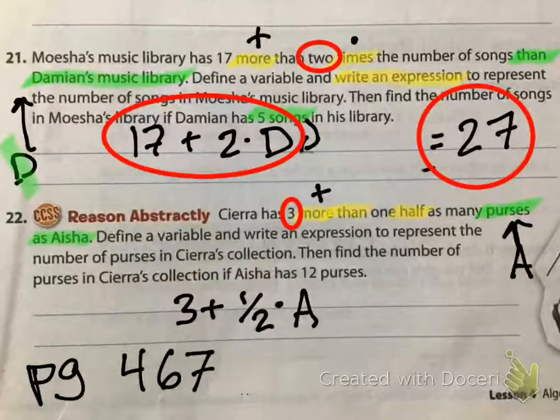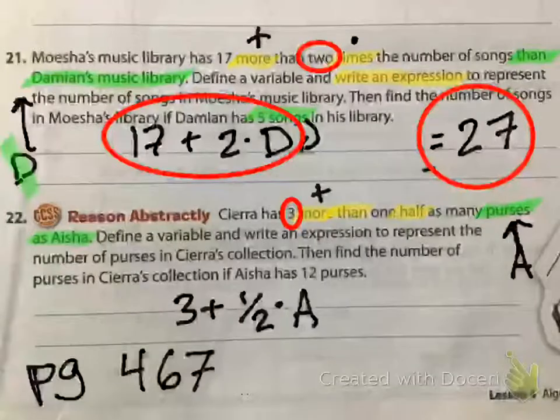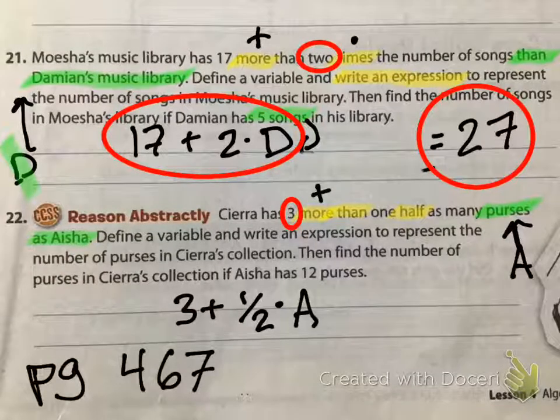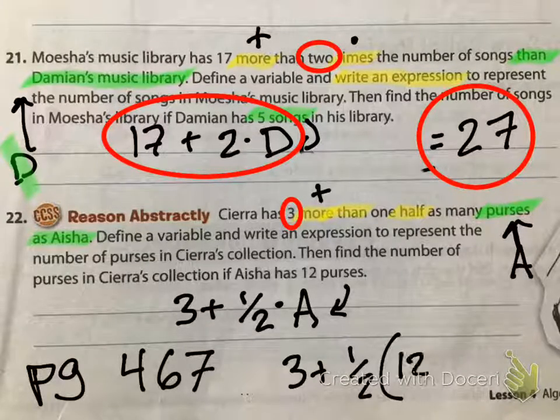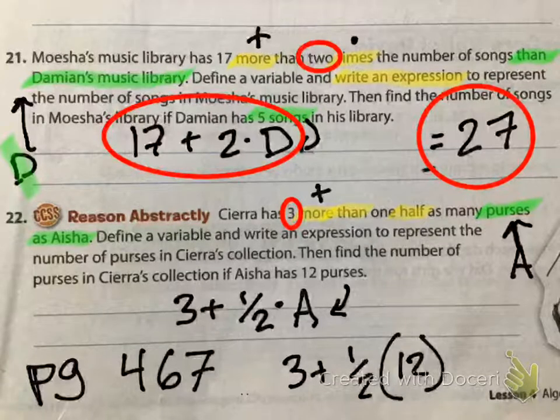Then we do plug and play. How many purses does Aisha have, Nathan? 12. She has 12. So we plug in 12 for A. We're getting 3 plus 1/2 times 12. So, am I going to get 3.5 times 12? No, we can't do the addition first. We cannot. So, what's 1/2 times 12?